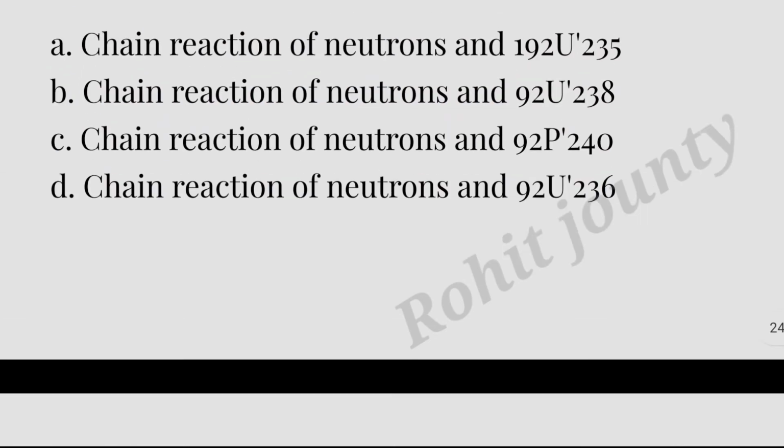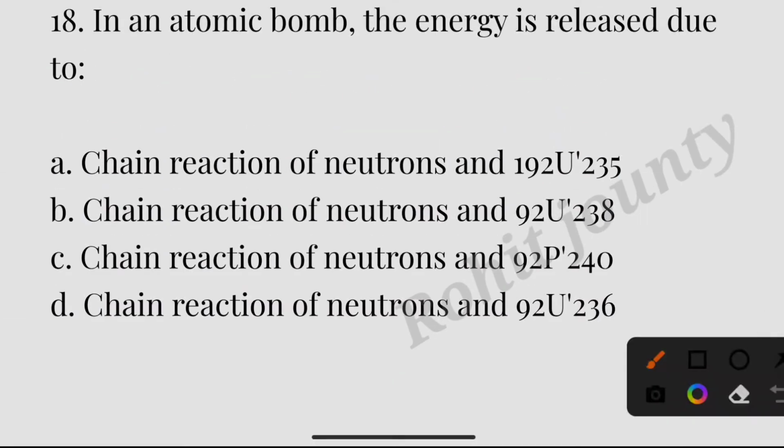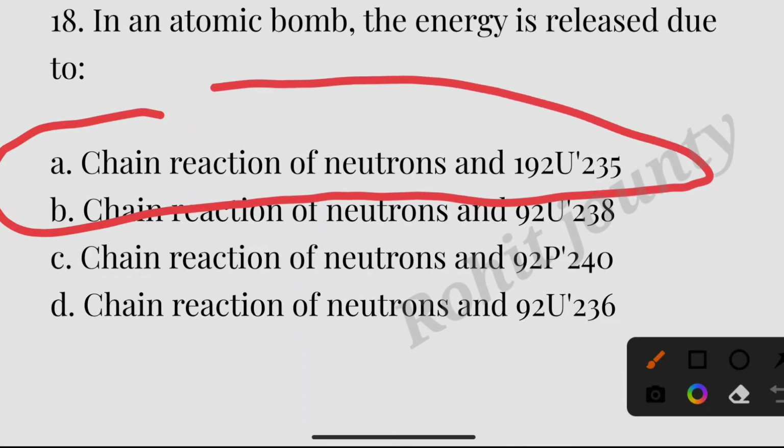The correct answer is option A chain reaction of neutron and 92 uranium 235.